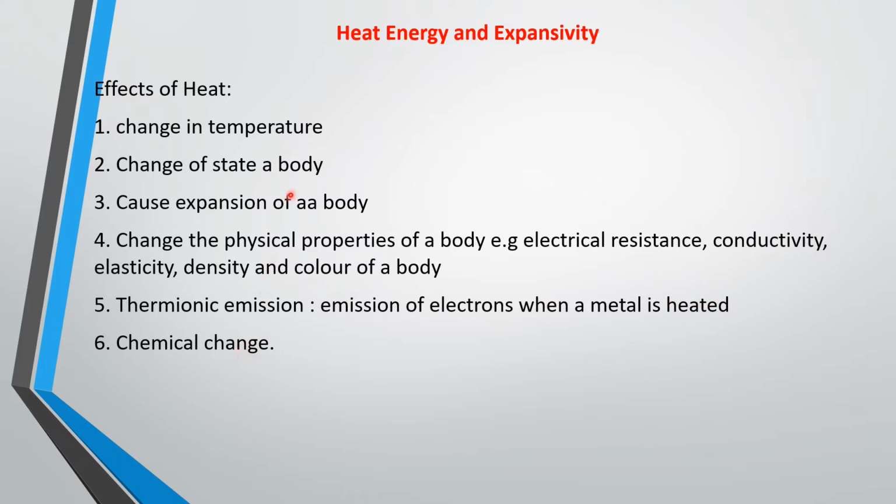So as the case may be, heat can cause any of these effects. These are some of the effects of heat energy, and I want you to take note of all this. So having known some of the effects of heat energy, we'll now be looking at expansivity or expansion. So what is expansivity or expansion?